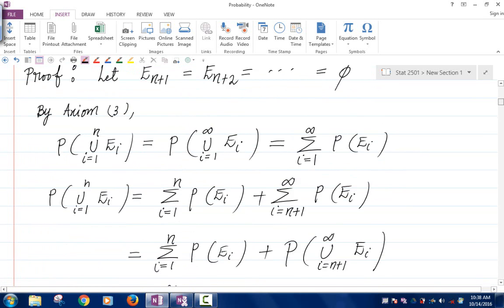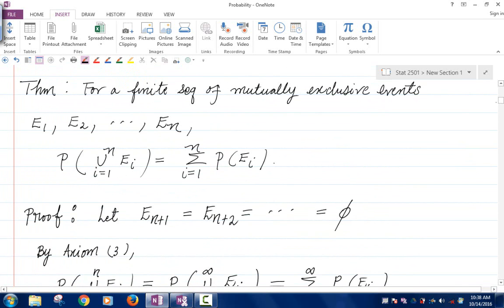By the way, this result that we have proved here, that the probability of the union of E1, E2, ..., En is the same as the sum of the probabilities of these events. Well, when n is 2, how will this result look? Let's say I have two events A and B that are mutually exclusive.